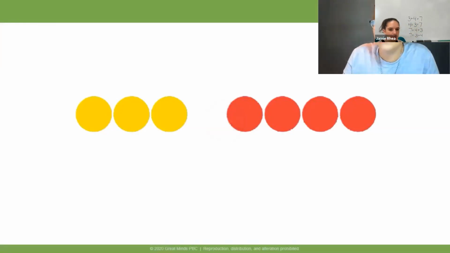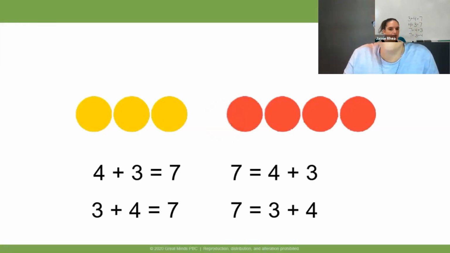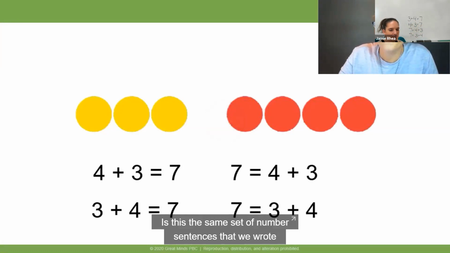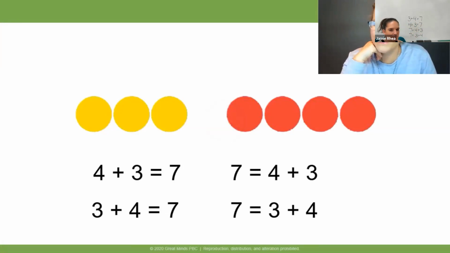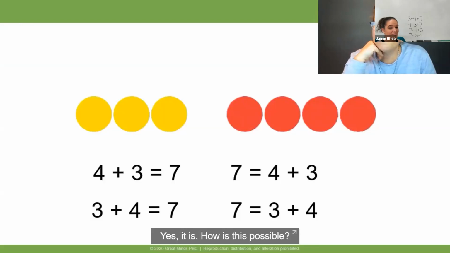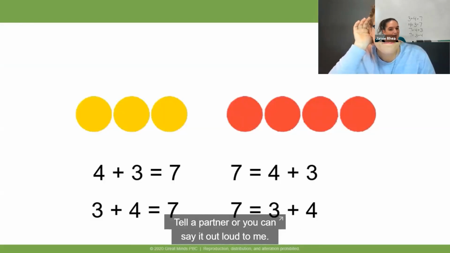Did your 4 number sentences match mine? Is this the same set of number sentences that we wrote when we started with the red counters? It sure is. Yes, it is.